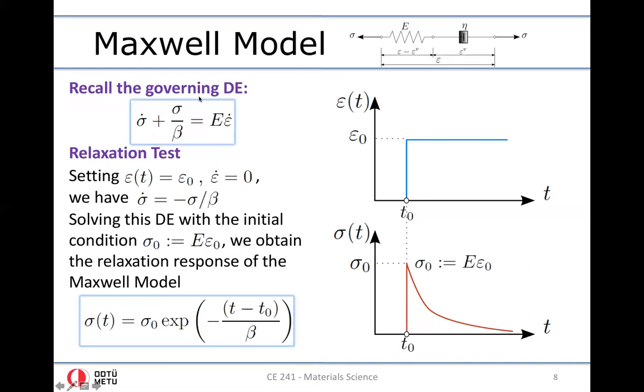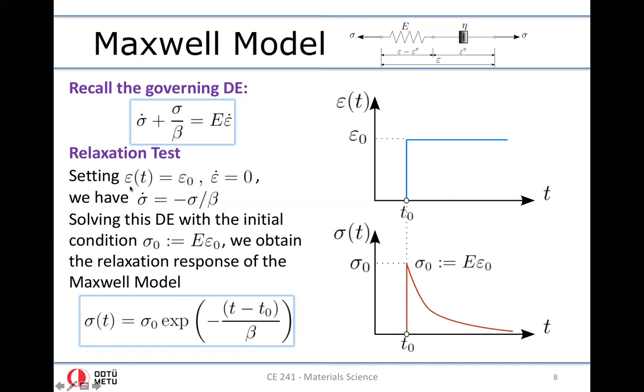So we can solve the governing differential equation that we have derived in the beginning for the given loading. In this case, we have a strain-controlled experiment. For time values greater than t0, strain is equal to epsilon 0, and the rate of the strain is equal to 0. If you substitute this into the governing differential equation, you obtain an evolution equation for the stress.